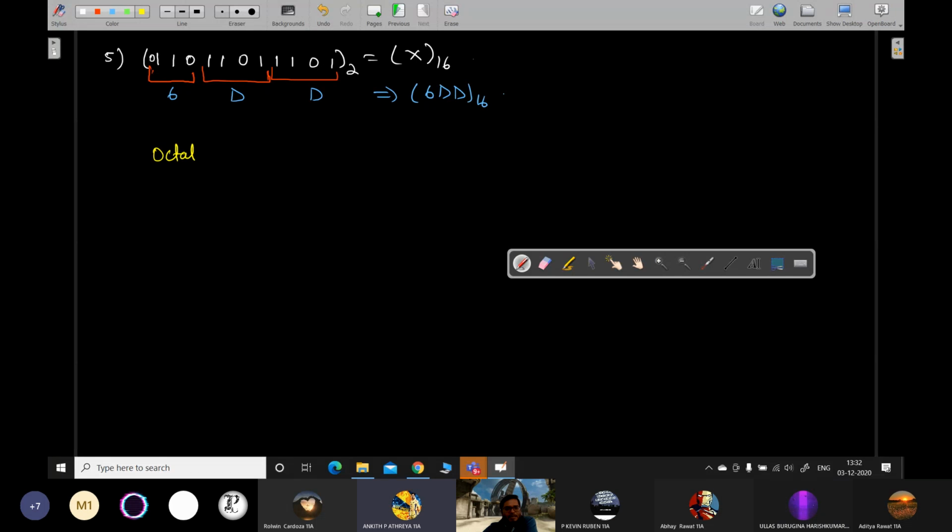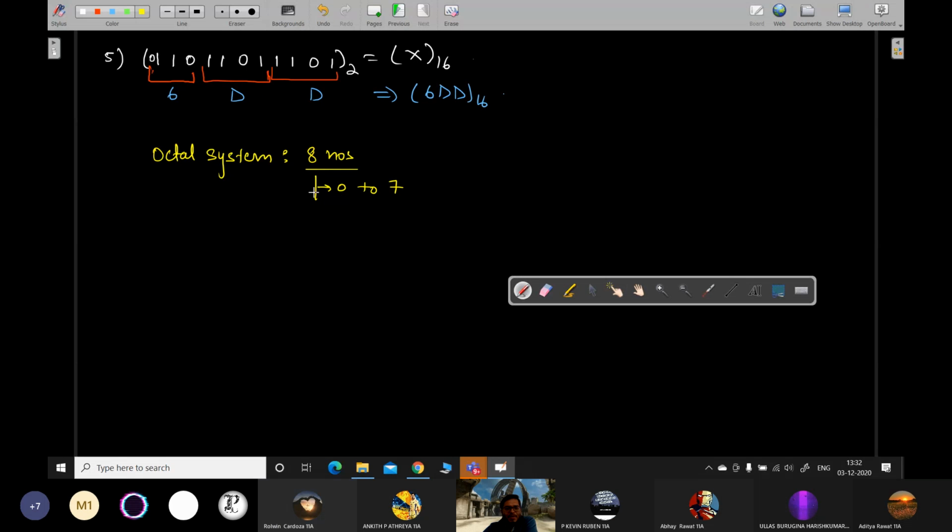In the octal system, how many numbers are there? 8, sir. In the octal system there are 8 numbers, 8 digits. And what are those numbers? 0 to 7. Okay. So if you notice, what is the minimum value? What is the binary number for 0? Let's say this is binary and this is decimal.